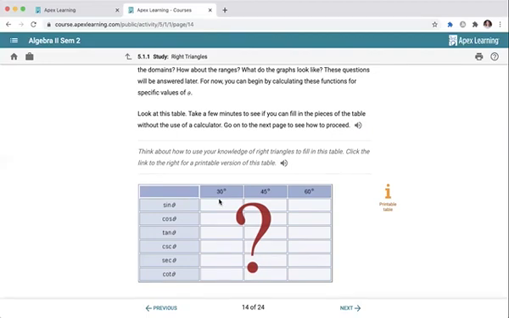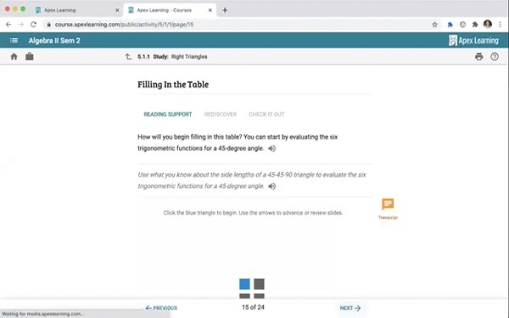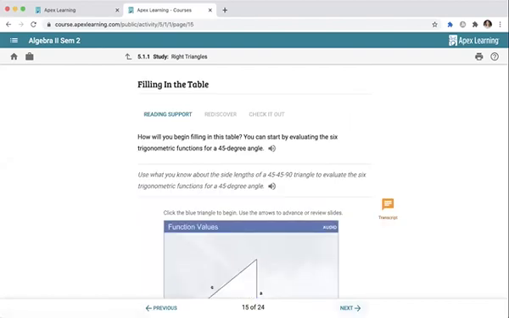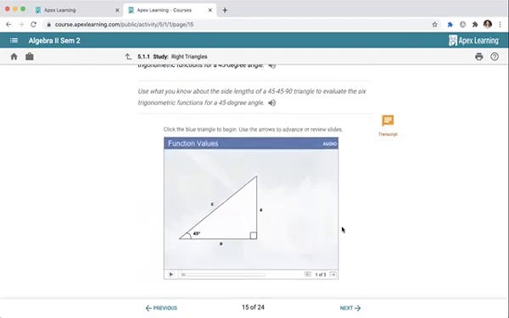So this is asking you what is sine of 30 or what is cosine of 45. If we look at filling in this table here, we can first start off by looking at our 45, 45, 90 degree triangle, because one of the angles was 45 here. So it was asking us what was our answer for the 6 trigonometric functions of a 45 degree angle.